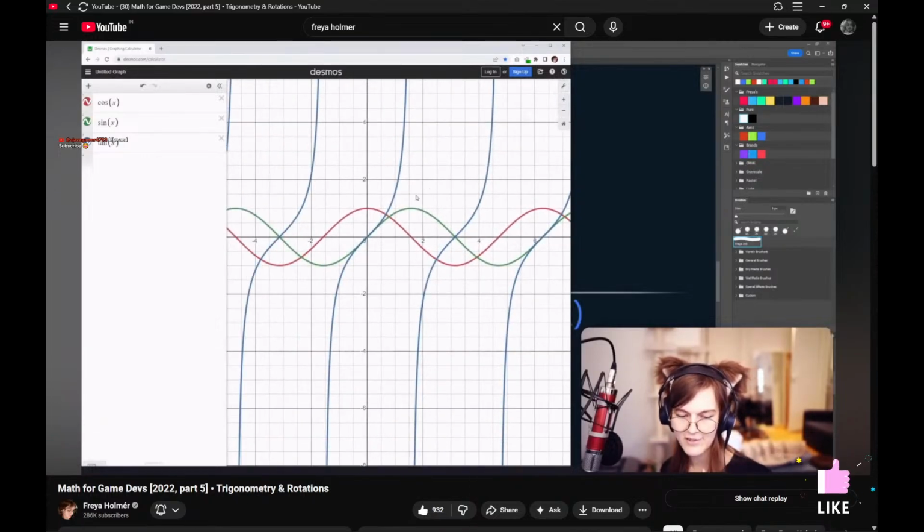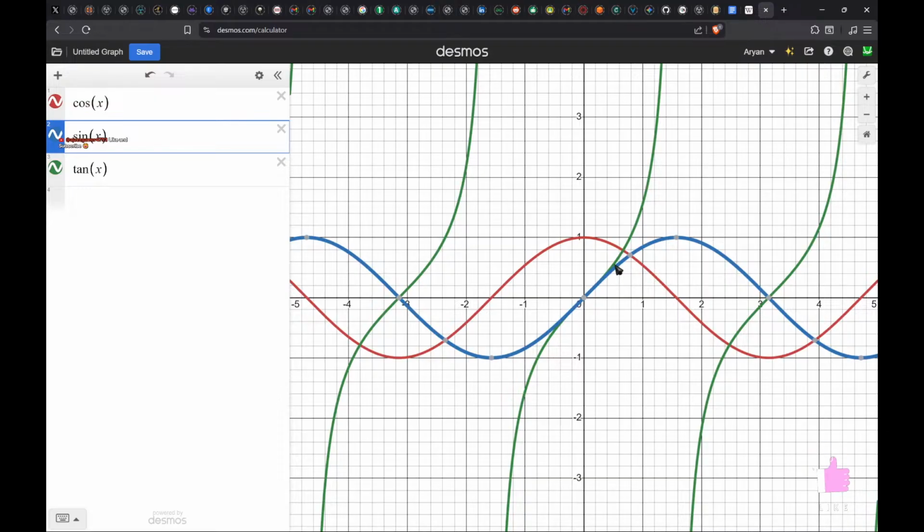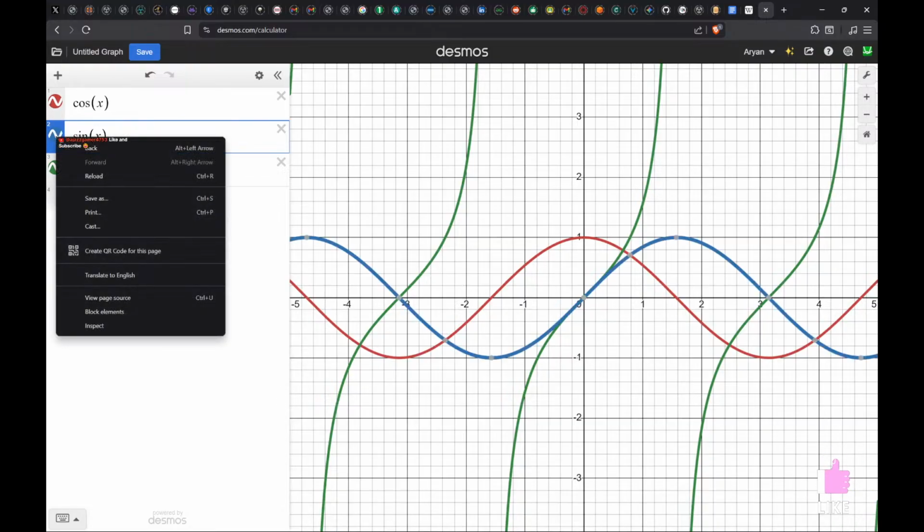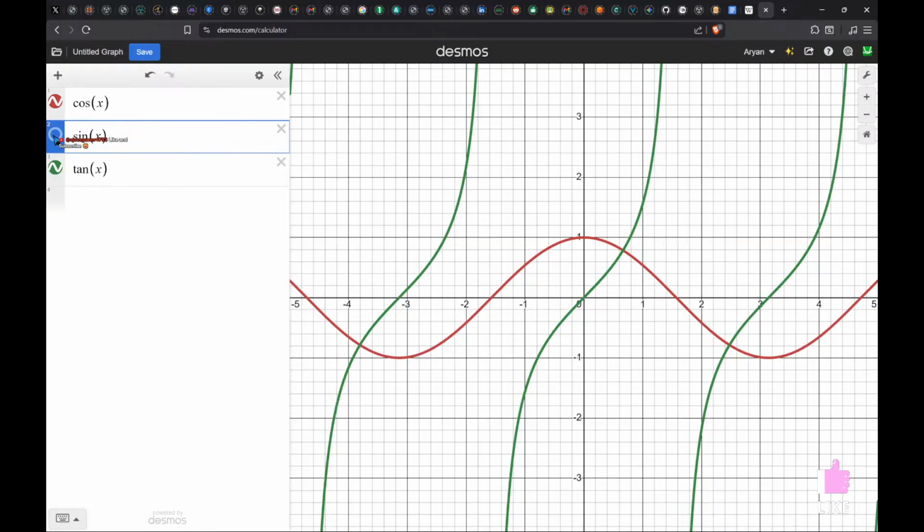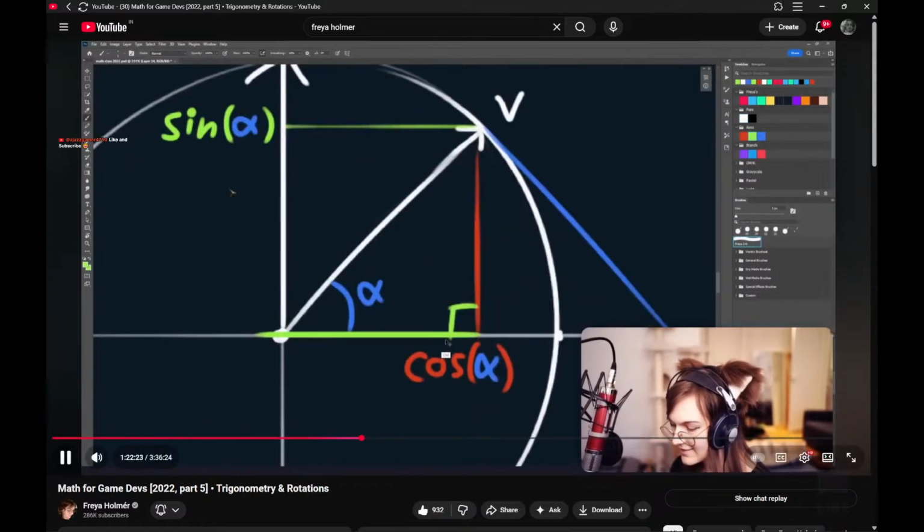What are the use cases for tan? One of the most common use cases for all three of these is to solve triangles. The reason for this is that all of these form different right-angled triangles. You can see there's a right-angled triangle here directly, where one of the sides is the cosine.